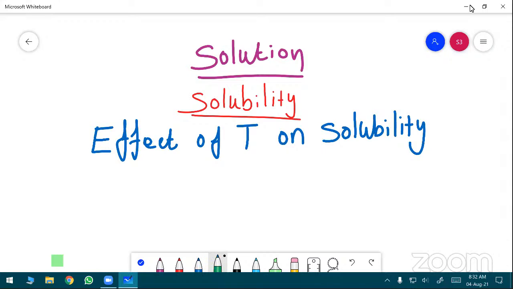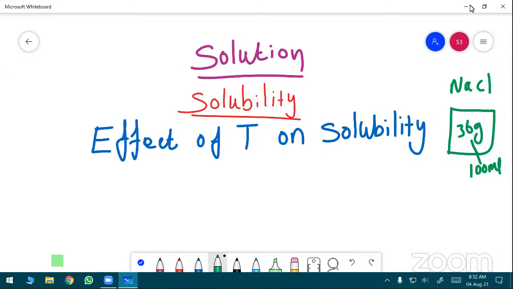The maximum amount of solute that can be dissolved in a specific amount of solvent. For example, if you take NaCl in 100 ml, that is a specific amount of solvent, only 36 gram will dissolve. So what is the solubility of NaCl? That is 36 gram.